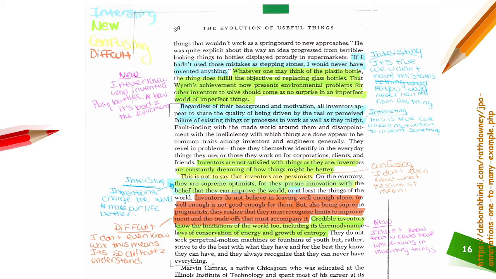Lahat ng new or bago lang na idea na natutunan niya, kinulayan niya ng green. Yung confusing, yung medyo nalilito siya, kinulayan niya ng yellow. And then, yung difficult, yung nahihirapan siyang intindihin, kinulayan niya ng red. So, makikita natin dito, yung blue, interesting: "If I hadn't used those mistakes as stepping stones, I would never have invented anything." Oh, that's interesting.